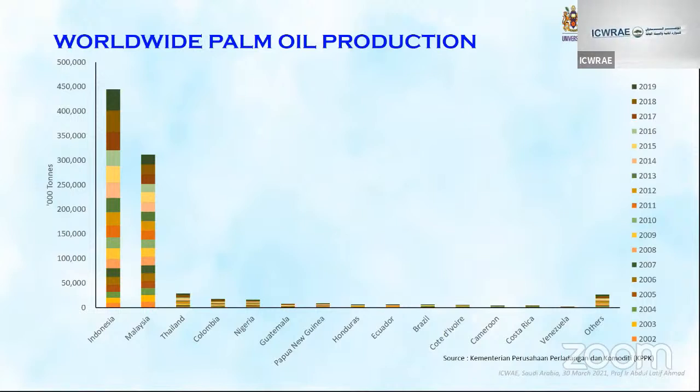Even though Indonesia produces the most, they also consume quite a lot because their population is very high. So as far as the export of crude palm oil is concerned, Malaysia covers almost 25% of the crude palm oil exports worldwide.